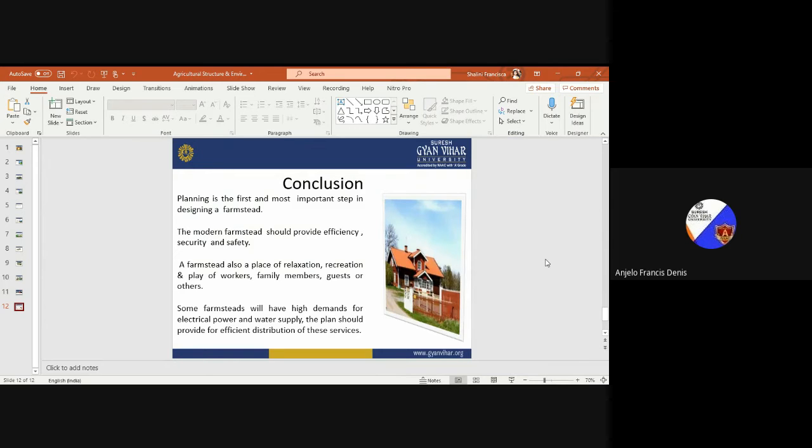So for this reason only, at the planning stage only, proper steps have to be taken for installation of energy harvesting devices like windmills, as well as installation of solar panels, whichever is suitable in that area.